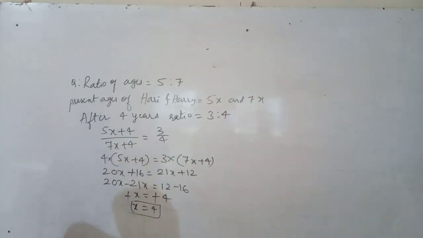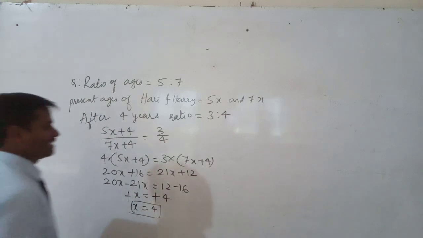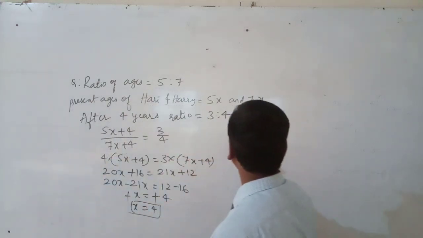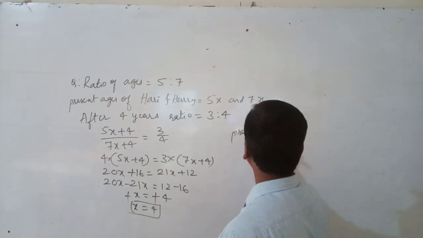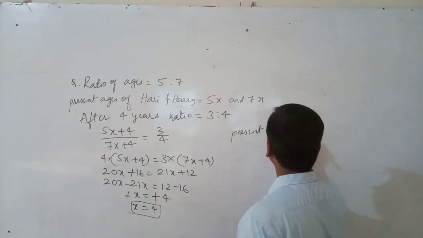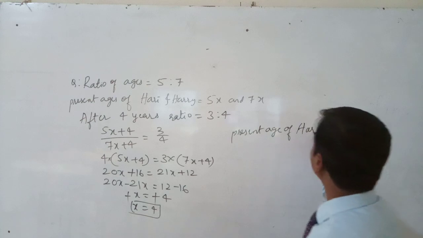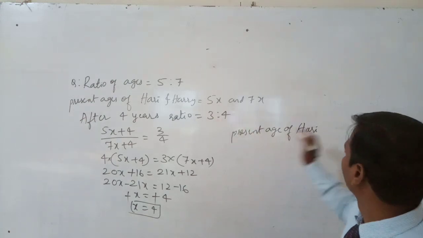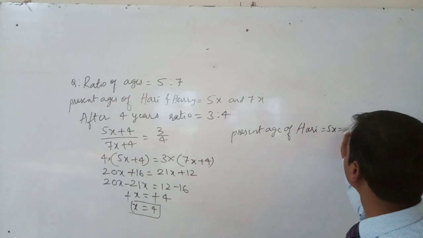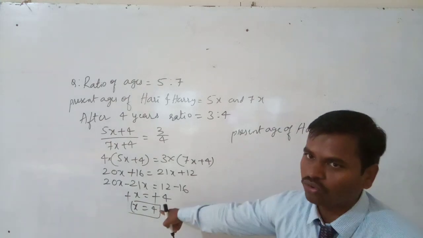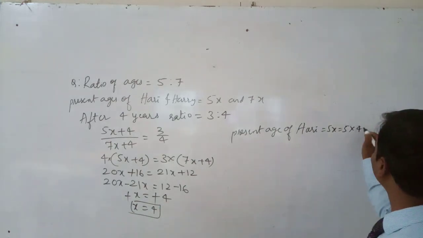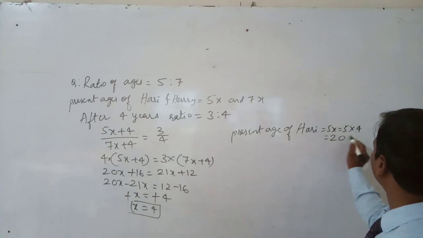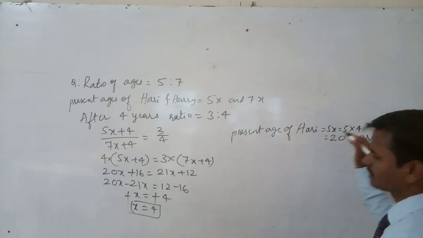Now what is the question here? Find their present ages. Therefore, present age of Hari, how much? 5x is there, 5x. 5 into 4 is 20 years.